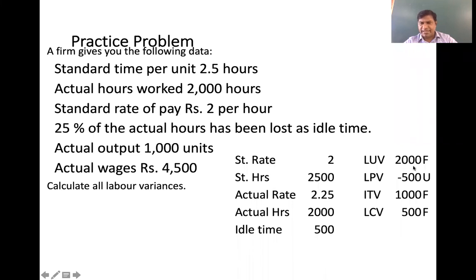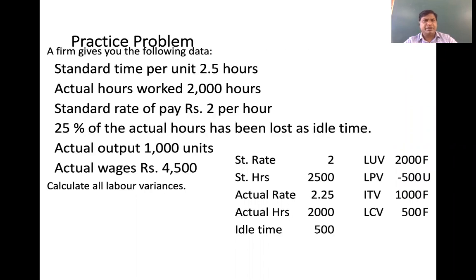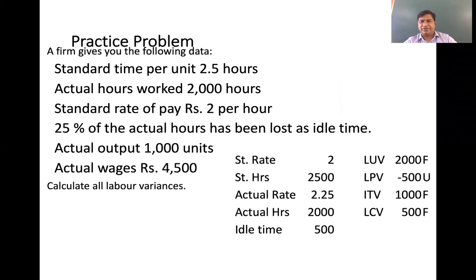Then let's come to the next variance: labor rate variance. Standard rate minus actual rate, into actual hours. Standard rate is 2 minus actual rate 2.25. 2 minus 2.25 is equal to minus 0.25.